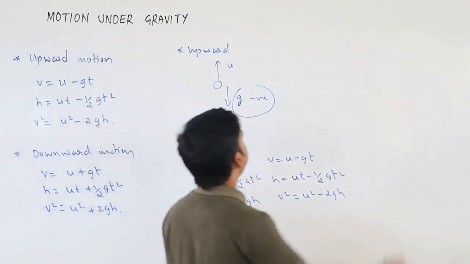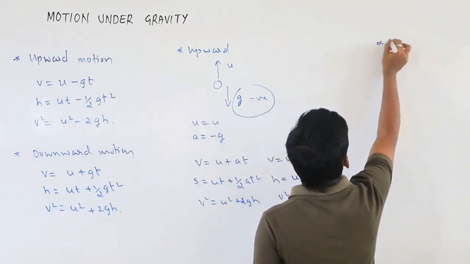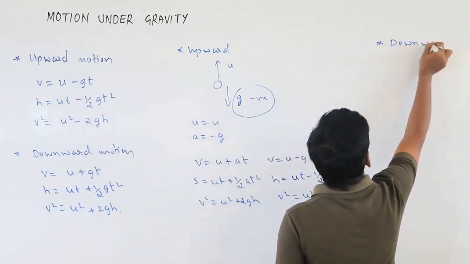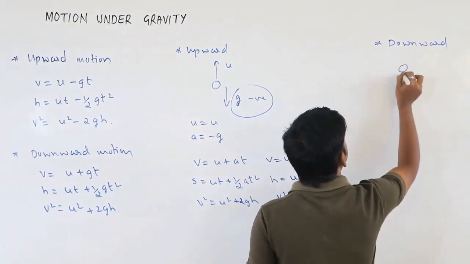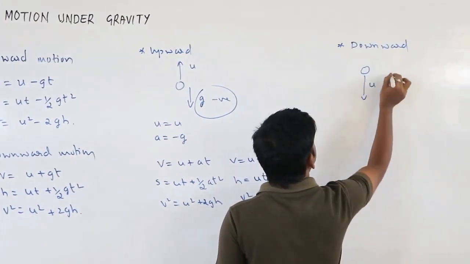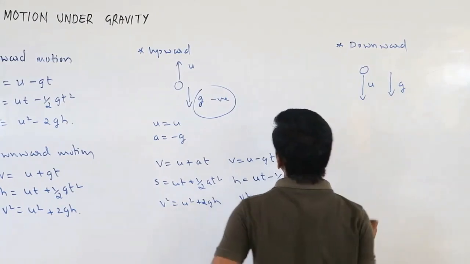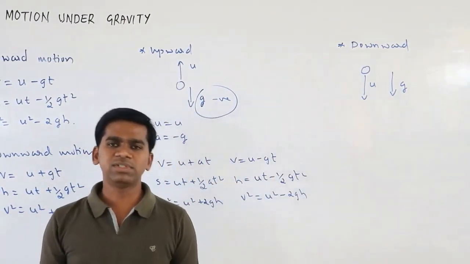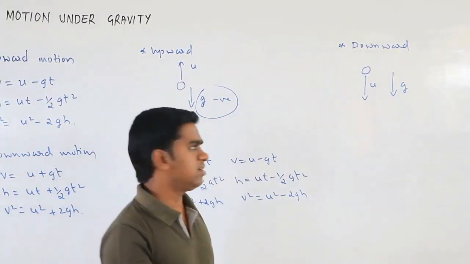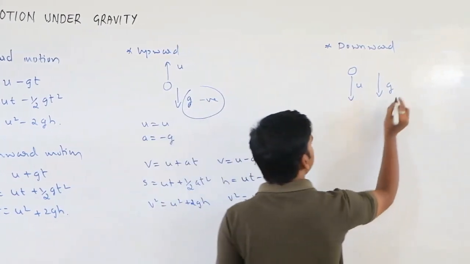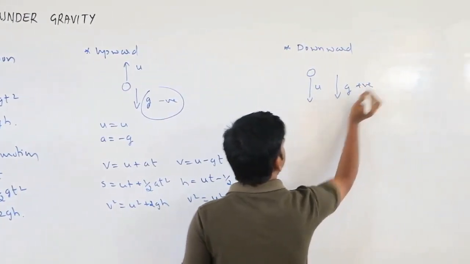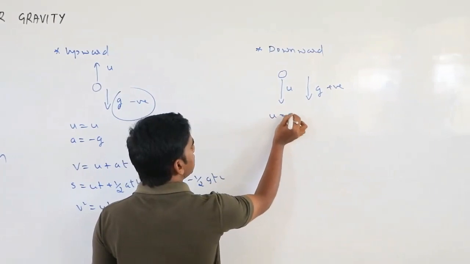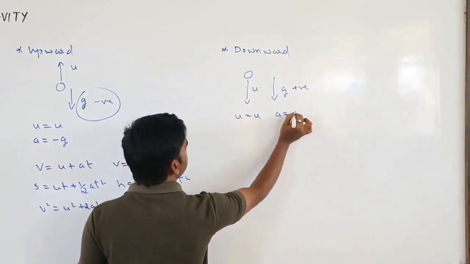If it is moving downward, both are in the same direction. u is downward, and g is also downward, because g is always downward, towards the center of the earth. So here we take g as positive. u you take as it is, and a you take as plus g.